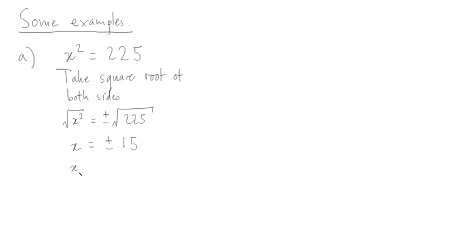The first one of the solutions is 15, x1, that means one of the solutions, and the other solution is the negative of that value. And you write this x with a subscript 1 and x with a subscript 2. So when you have x squared equal to some number, you can just take the square root of both sides, and then one solution is the positive value and the other one is the negative value.